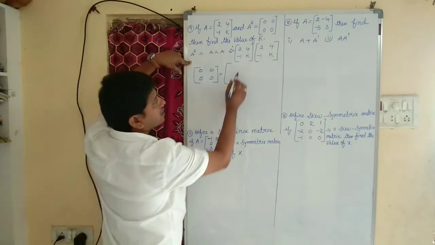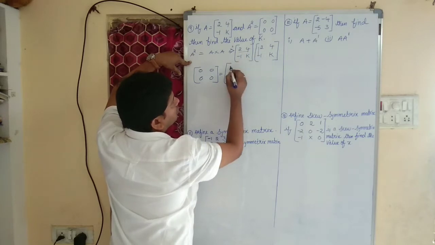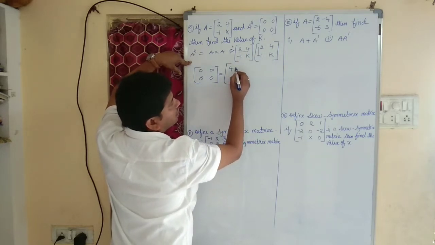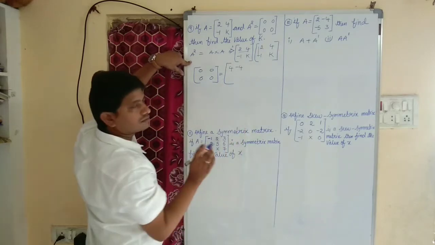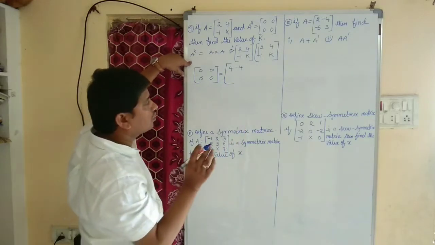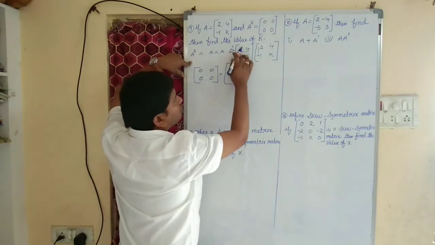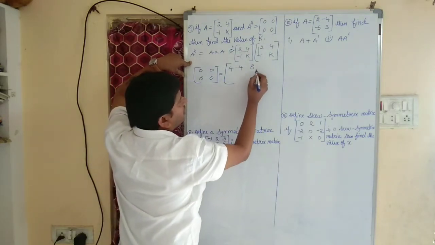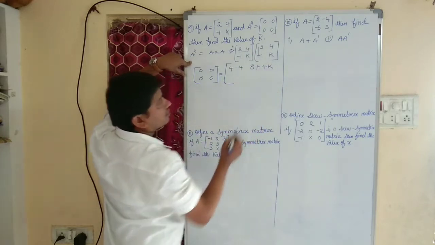Multiplication of two matrices. First row, first column: 2 into 2, 4, plus 4 into minus 1, minus 4, that is 0. Okay? Now first row, second column: 2 into 4 is 8, plus 4 into k, 4k.